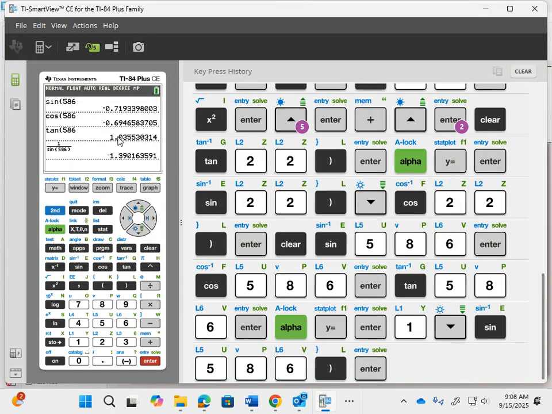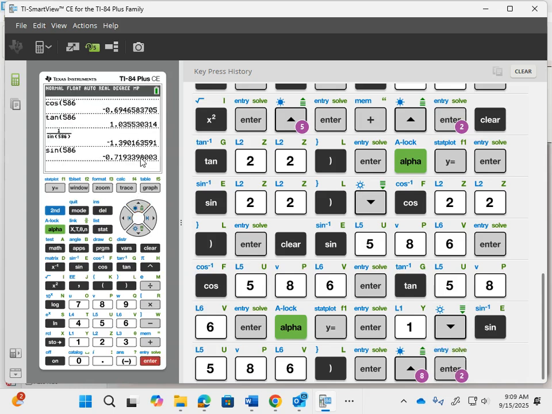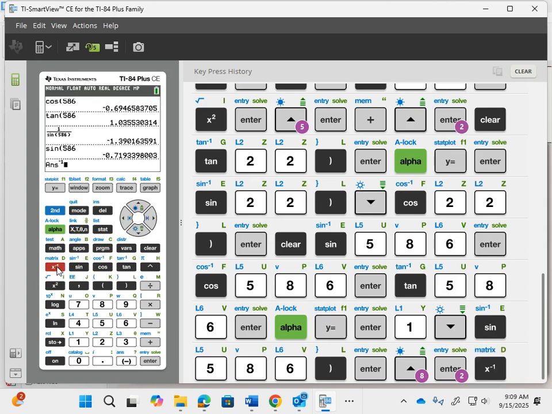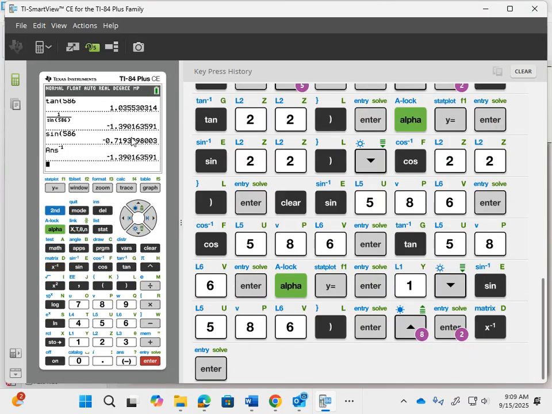Notice if I go up and I retype in sine of 586 and push enter, on your calculator you have this x minus 1 button. A negative exponent of 1 is 1 over x. If I push enter on that, notice I get the same answer, negative 1.390.